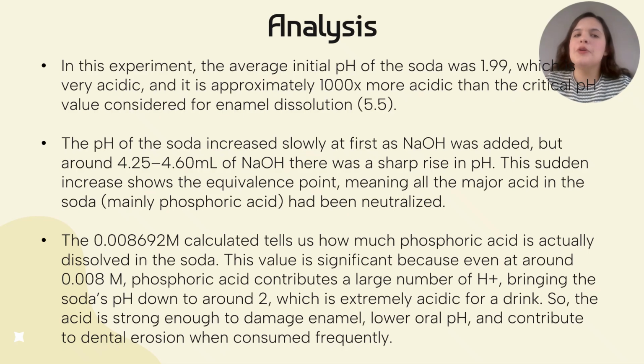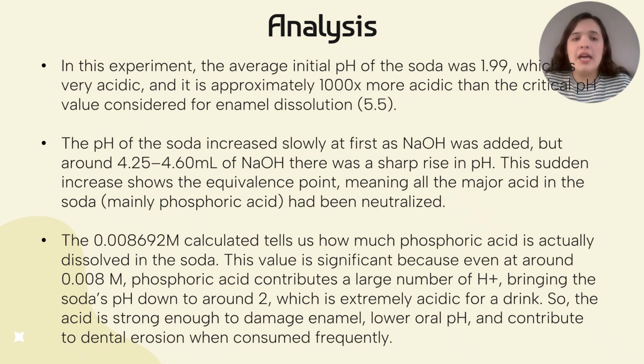So, in the experiment, the average initial pH of the soda was 1.99, which is very acidic, and it is approximately 100 times more acidic than the critical pH value considered for enamel dissolution that we saw before, that was 5.5.